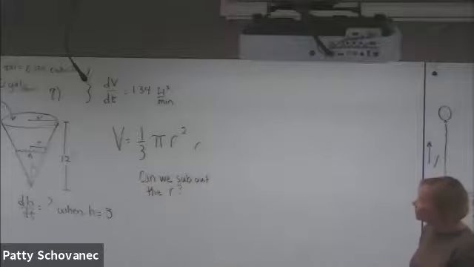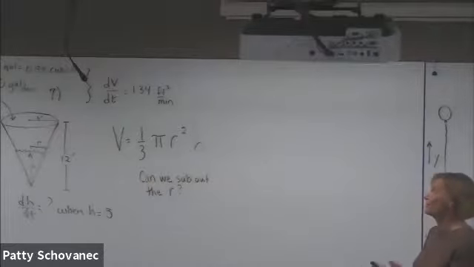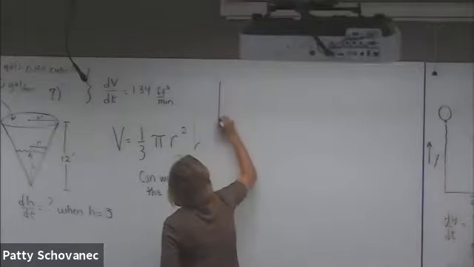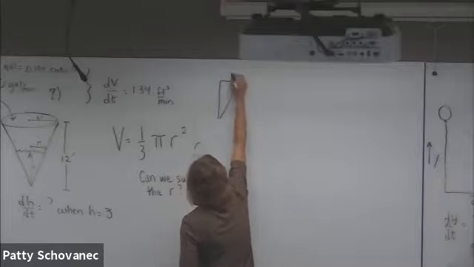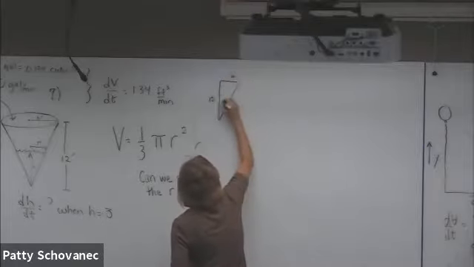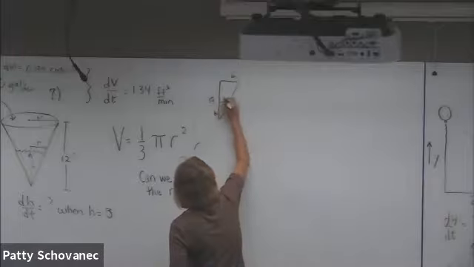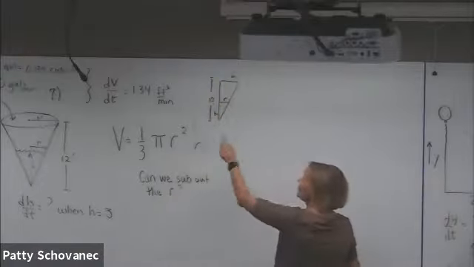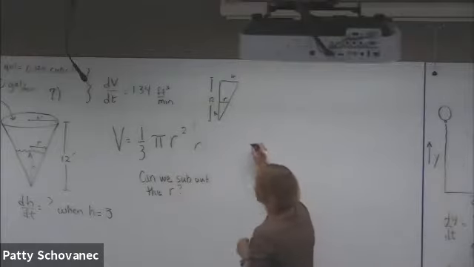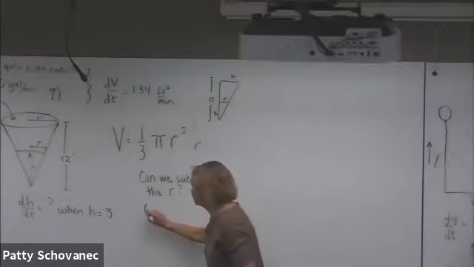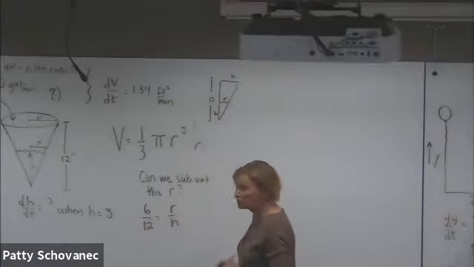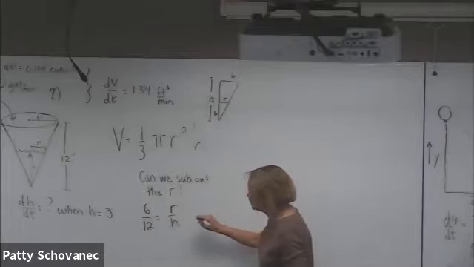They'll always be proportional. So I've got similar triangles again. I've got the 12 and the 6, and then I've got the h and the r. So 6 is to 12 as r is to h. So throughout this whole thing, r behaves like 1/2 of h.